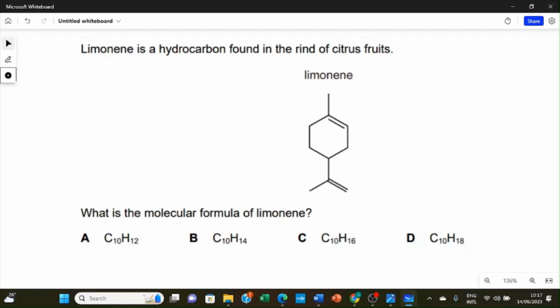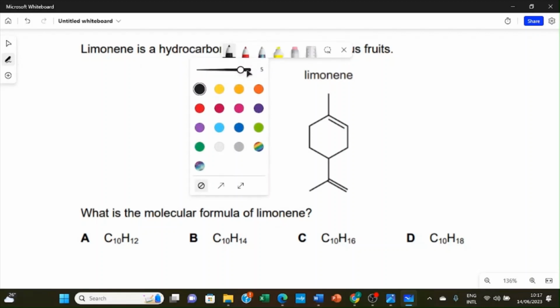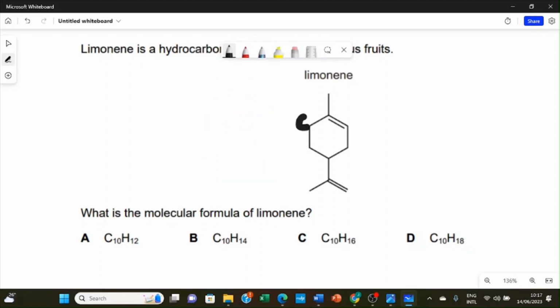Limonene is a hydrocarbon found in the rind of citrus fruits. You are asked, what is the molecular formula for limonene? They give you the structural formula of limonene. So let's go. Now, if you look at the structure, each of these points represents CH2.